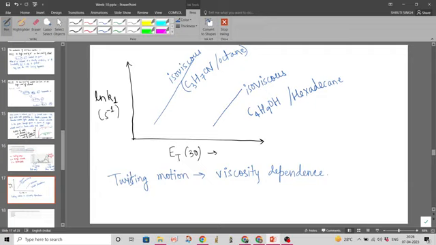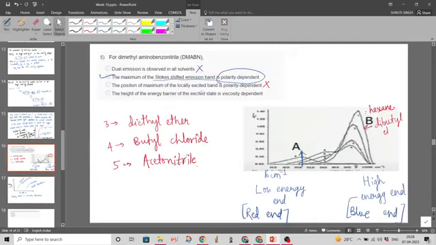So that's why it shows a viscosity dependence. And the polarity dependence is in terms of the charge separation. If it is a more polar solvent, the charge separation and solvation will be more, and there will be a large dipole moment. So the height of the energy barrier of the excited state is viscosity dependent. This statement is true because if it is less viscous, the energy barrier for twisting will be less. So this statement is also true.